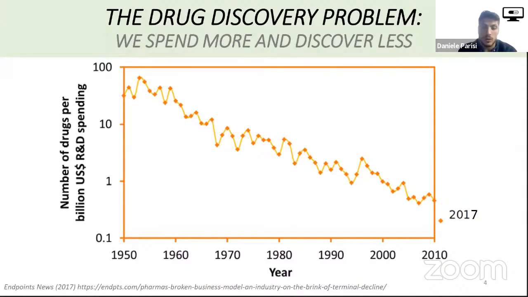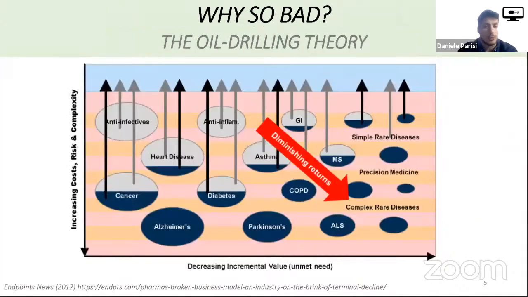available for therapies? Well, there are different theories about that, and I want to share a couple of ideas with you. One is the oil drilling theory. According to this theory, over time we've been exploiting the easiest and most profitable sources of drugs.